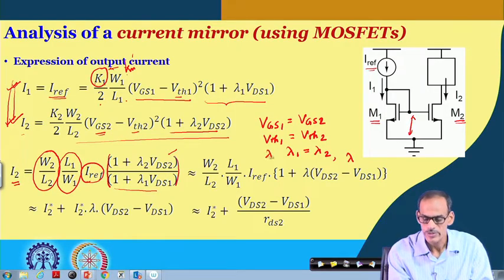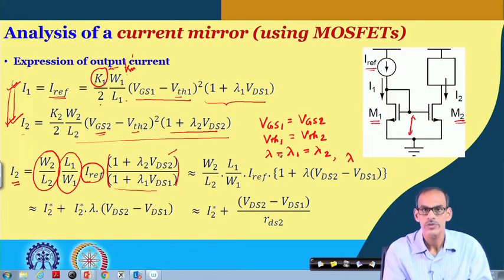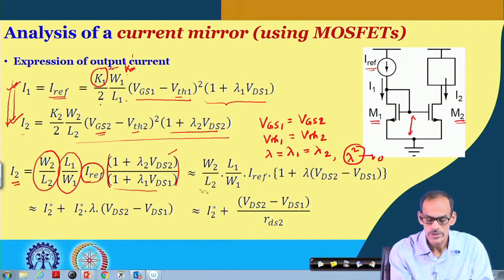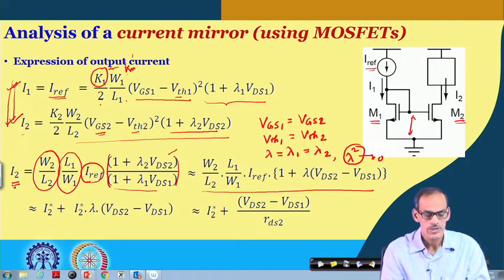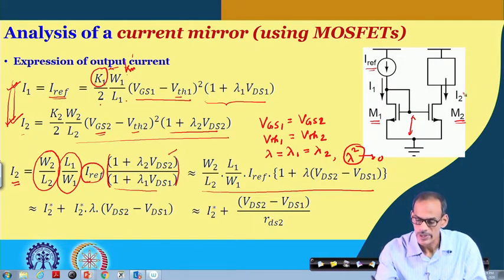So, if we consider lambda 1 equals lambda 2 equals lambda, and if we ignore the second order term associated with lambda, so if we drop this term, then we get this approximated expression of the current flowing through transistor 2. Incidentally, that also defines the current through the application circuit.